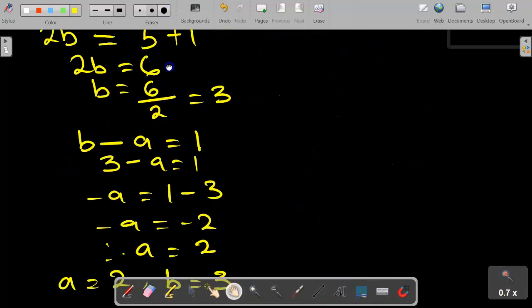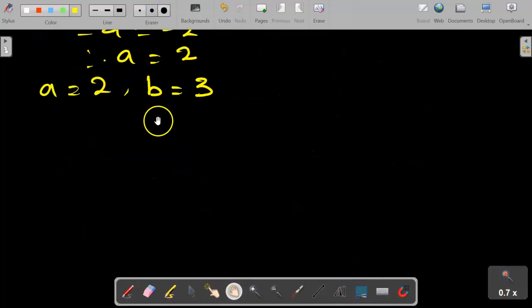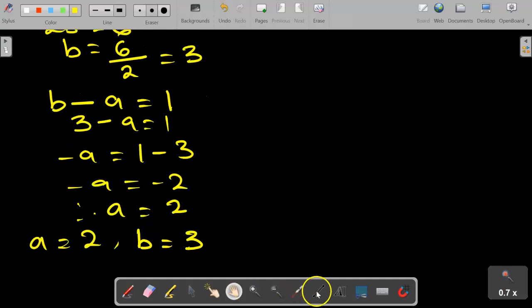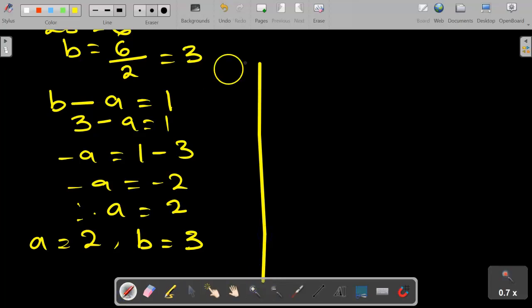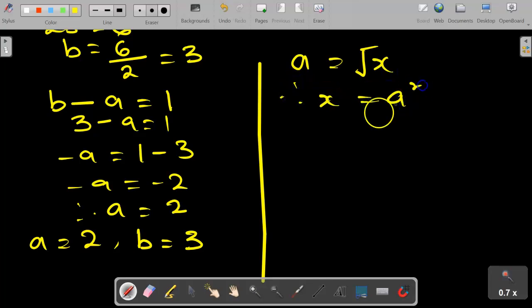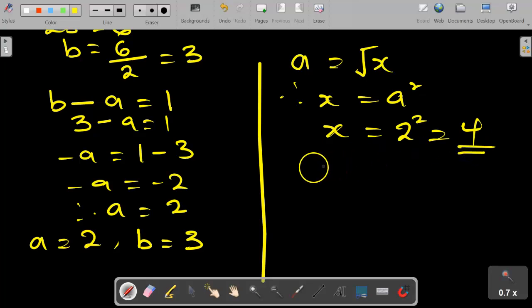So now I need to get the values of x and y. a is equal to root x. Therefore, x is now a squared. So x is now, what's our a? Our a is 2 squared. So 4 is equal to x.